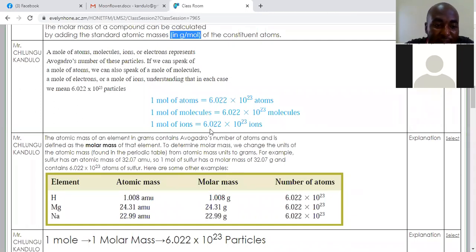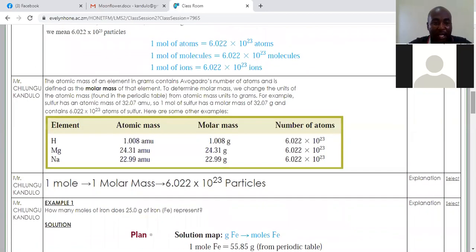Here we are trying to emphasize that the mass you see on the periodic table, those masses we are finding, we are finding isotopic mass. Like if for hydrogen it is 1.008 atomic mass unit, it means the molar mass is 1.008. You remove the atomic mass unit, you put the gram as the unit.